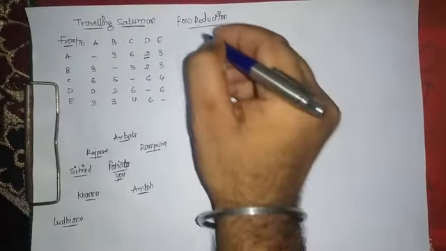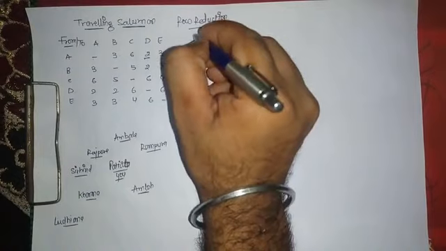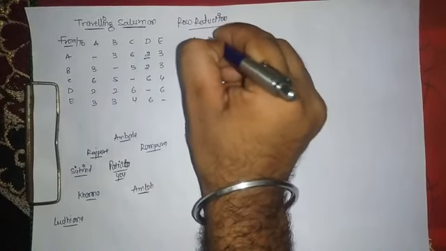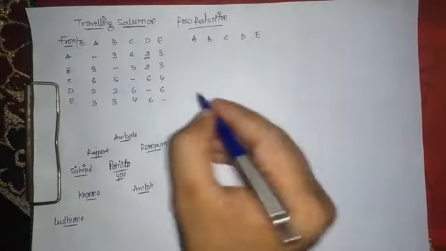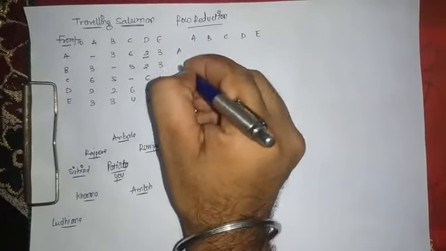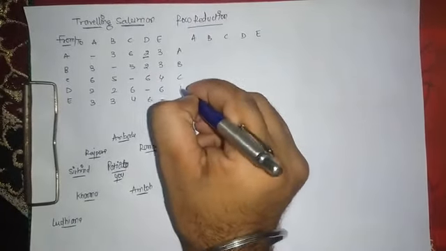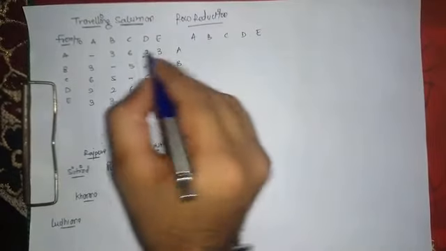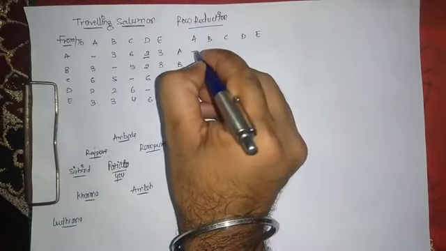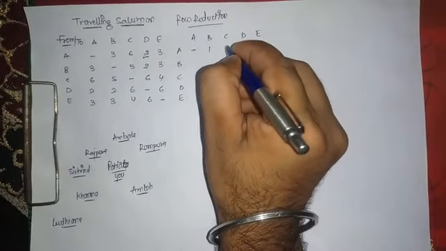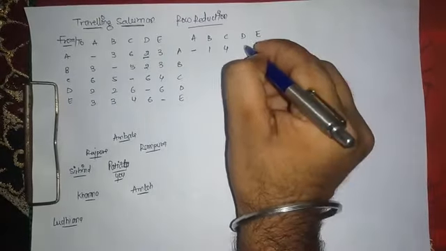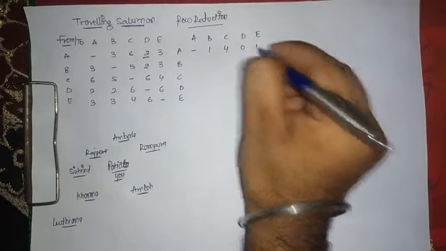So let's start. Row reduction. A, B, C, D, E. So 2, this value will remain the same. 3 minus 2 is 1, 6 minus 2 is 4, 2 minus 2 is 0, 3 minus 2 is 1.